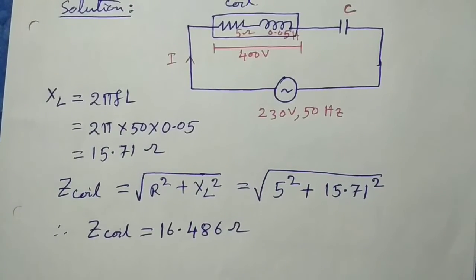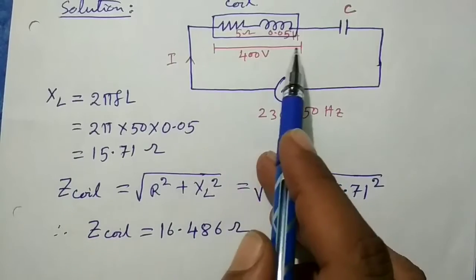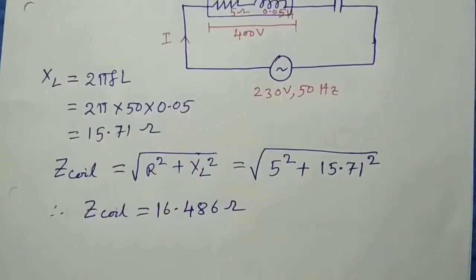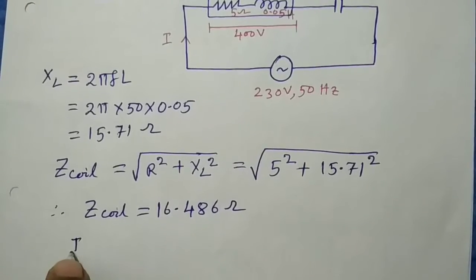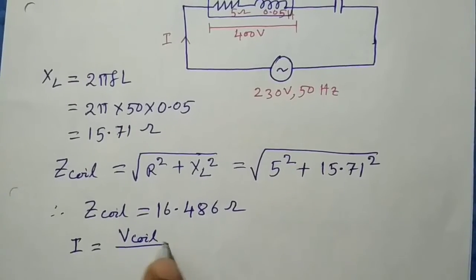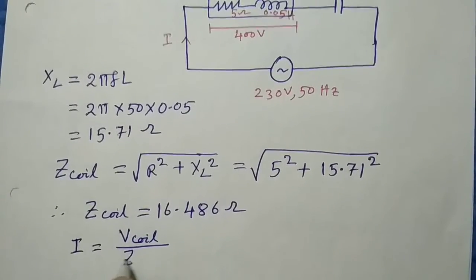Now here it is given as the voltage drop across the coil is 400. Therefore, we can find the current flowing through the coil as voltage drop across the coil upon impedance of the coil.